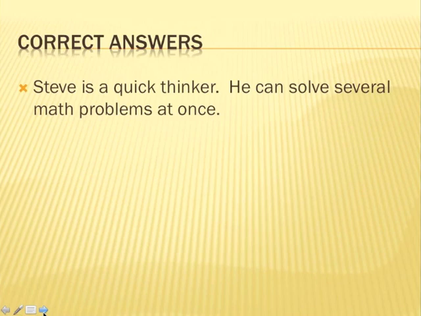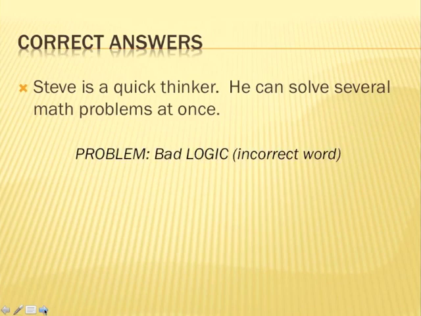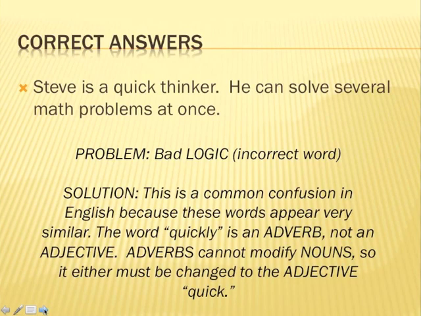Okay, in our next example, we had something that was incorrect. Another common confusion is especially between adverbs and adjectives because they often look very similar. We have to recall that the adverb quickly does not modify nouns. It can modify adjectives or verbs.